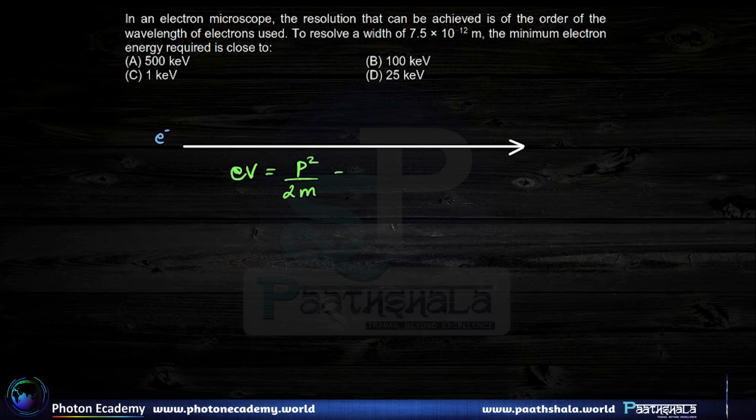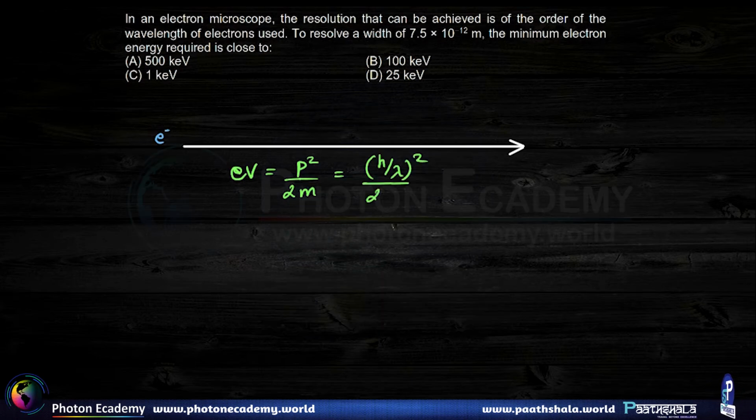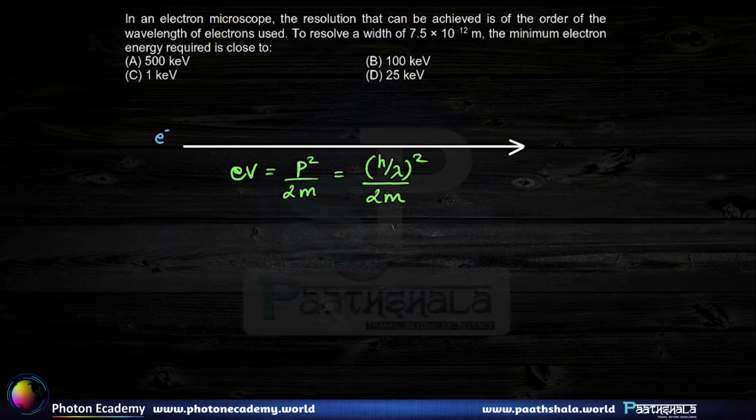So this is equal to h upon lambda the whole square divided by 2m. See, E is known, the charge of electron 1.6 into 10 raised to minus 19 coulombs. The mass of the electron is known, 9.1 into 10 raised to minus 31. Planck's constant is known, and 2 is a constant. So this actually gives us the relation between lambda and the accelerating voltage.